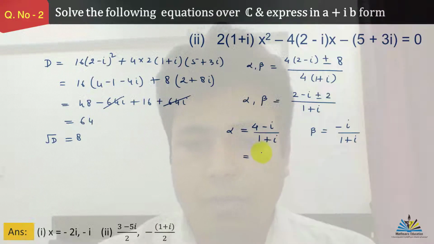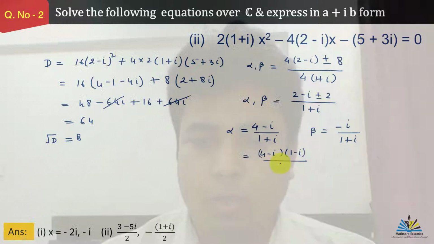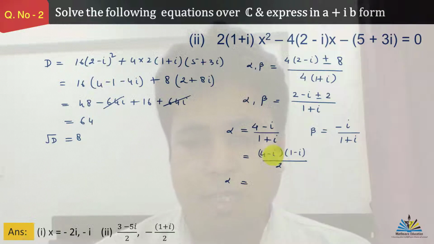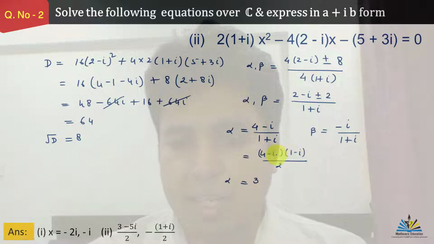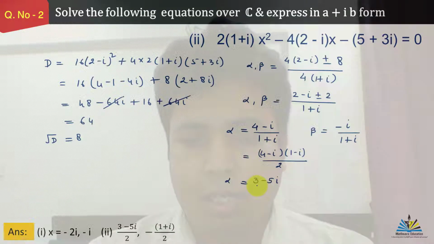So this becomes 4 minus i into 1 minus i upon 2. So alpha is equal to 4 plus i square, that is 3, and minus i and minus 4i, so this is minus 5i upon 2.